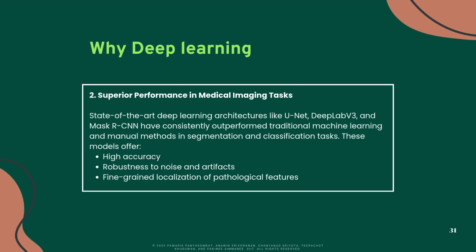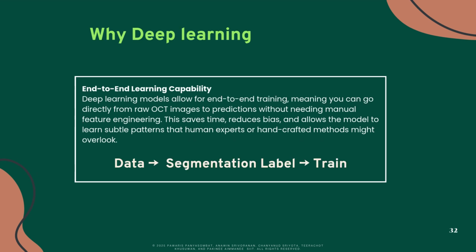For the past 3 years, deep learning has proven to be a good choice for research, since the models have high accuracy on medical imaging tasks, are robust to noise and artifacts, and can do fine-grained localization. And lastly, end-to-end learning capability: data, segment, label, and train. Deep learning allows end-to-end training.